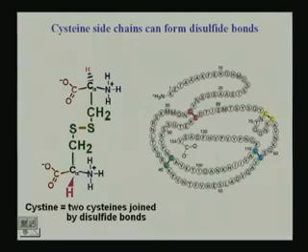These linkages bring different parts of the amino acid sequence together by virtue of the formation of a disulfide bond. So, when we have a cystine formed from 2 cysteines joined by disulfide bonds, we can then break them up with specific reducing agents.